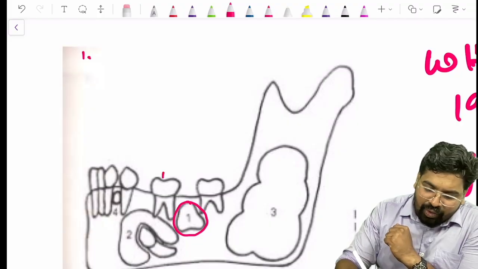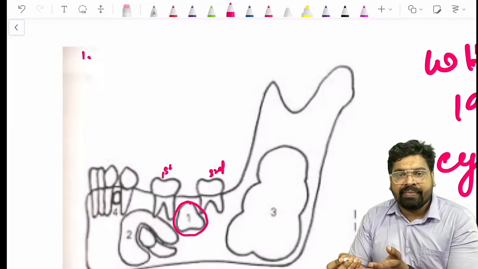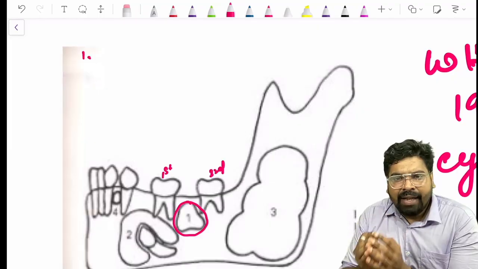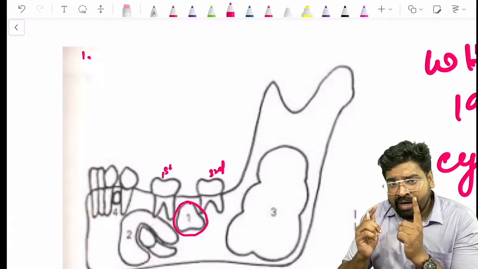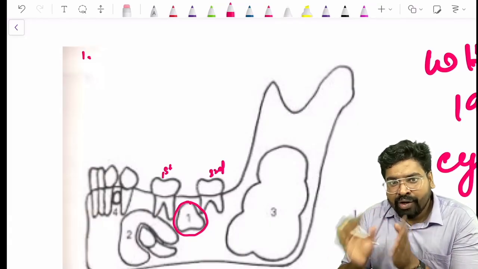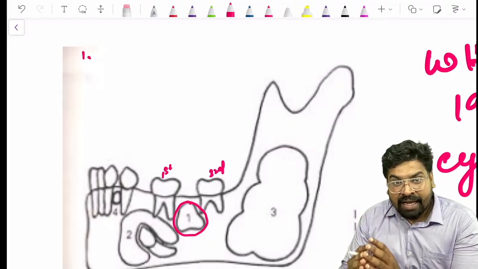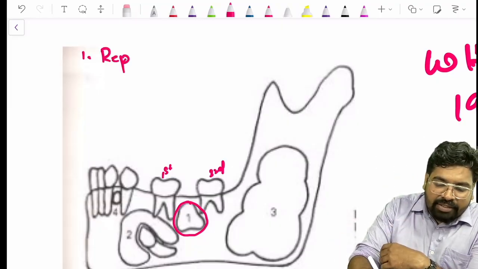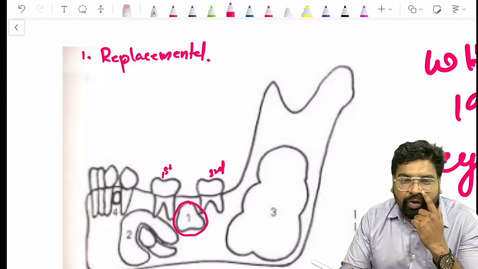We have the first molar here, the third molar here, and the second molar is missing. So the OKC came in a place where one tooth is missing. One tooth bud is completely converted to OKC. In such cases, we say that this OKC has replaced the tooth bud. So it is a replacemental type of OKC.